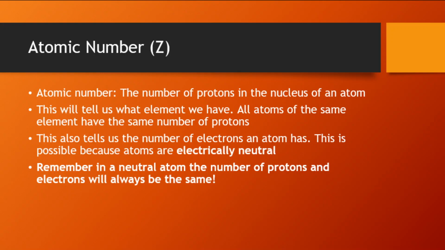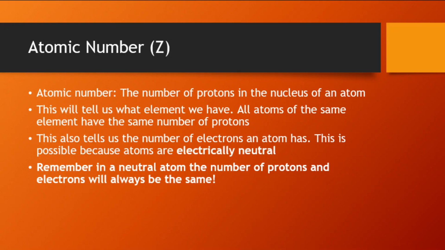Now, the atomic number also tells us the number of electrons an atom has. I want to be very specific here because when we talk about an atom, we talk about these tiny particles that are the building blocks of matter. In our case, atoms are always going to be electrically neutral.